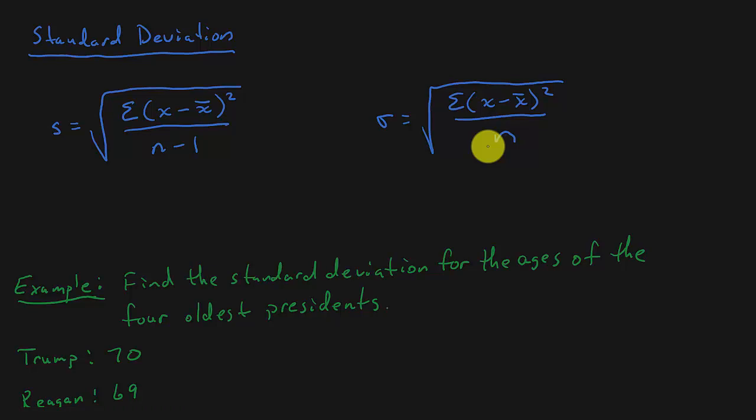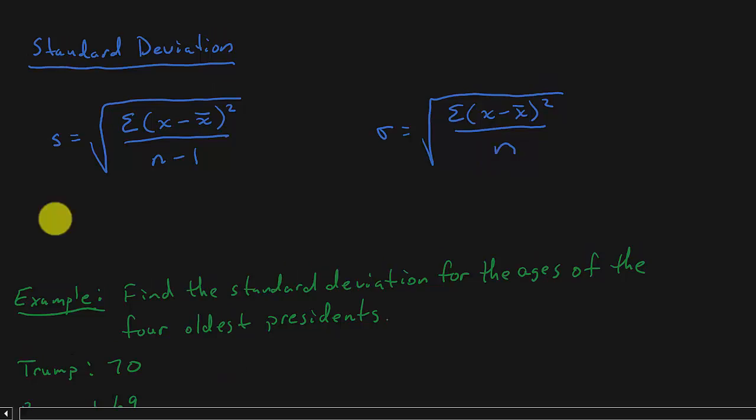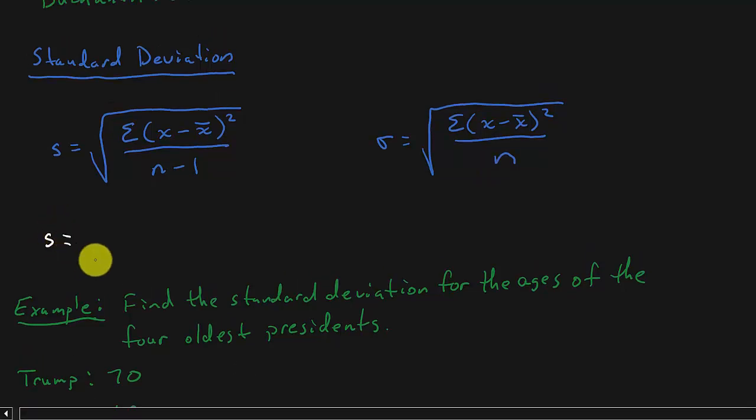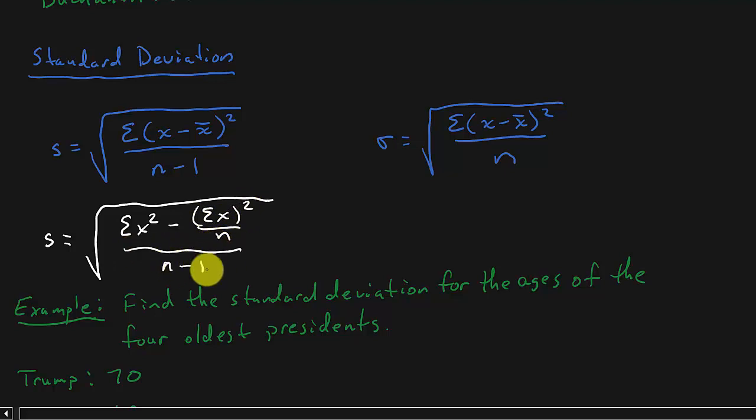And in the statistics class I teach, the formula for standard deviation is actually this right here: the sum of x squared minus the sum of x squared over n, over n minus 1.